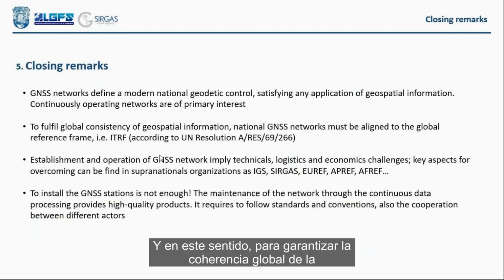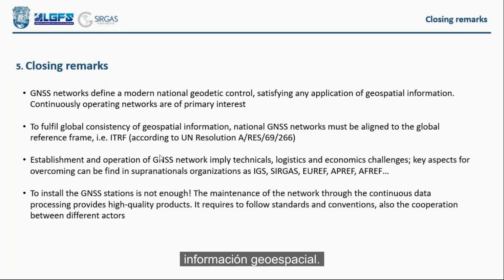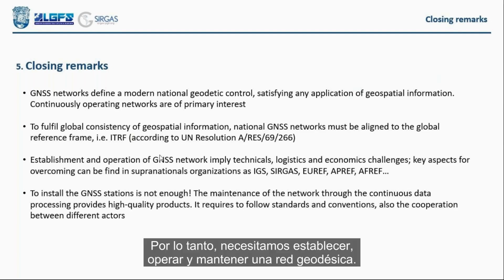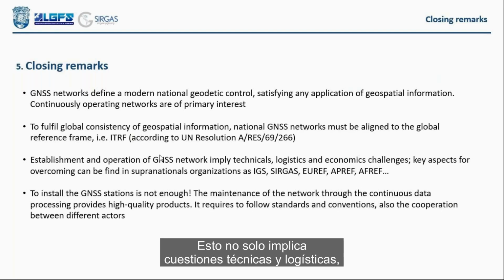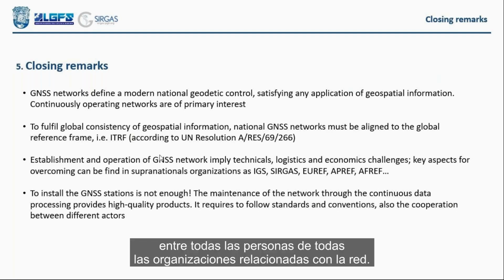And in this sense, to fulfill global consistency of geospatial information, the ITRF link is mandatory. So we need to establish, operate, and maintain a geodetic network, and this implies not only technical and logistical issues, but also communication and cooperation between all the people and all the organizations related to it.